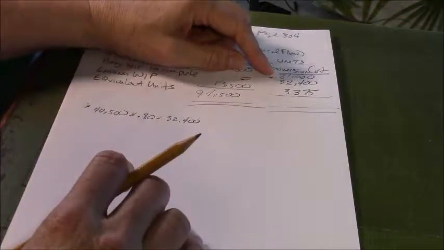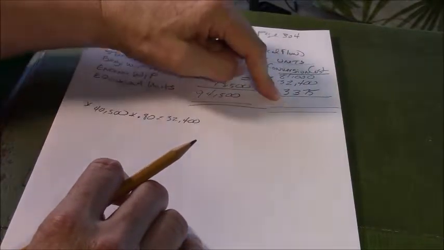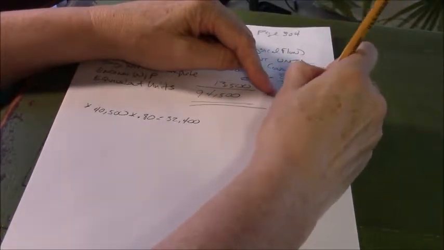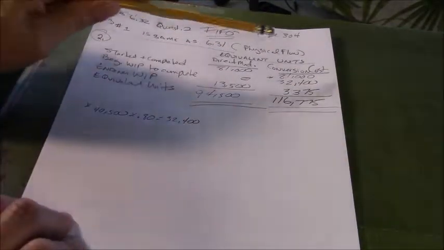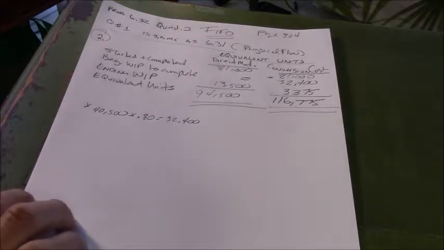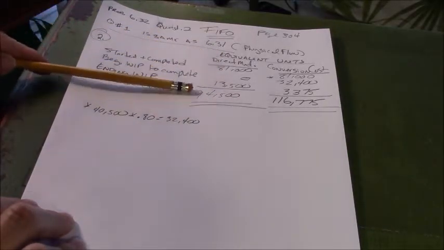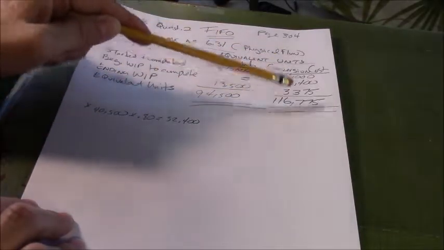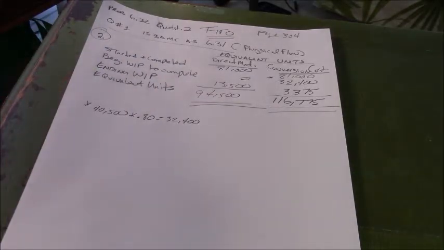So 81,000 plus 32,400 plus 3,375 is equal to 116,775 equivalent units. So now we're ready to go cost out our units, and when we use our per unit measures, we know that for direct materials our equivalent units were 94,500, and for conversion costs our equivalent units were 116,775. Now the total costs, we're going to add those all up in the next video.